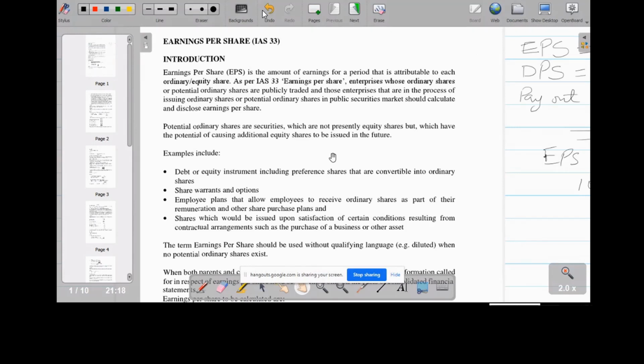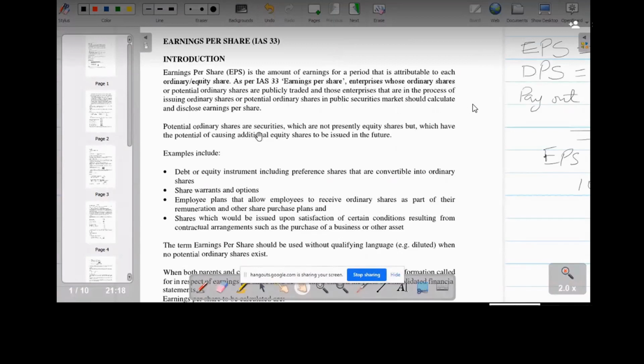We have given examples of potential ordinary shares, where we have a debt or equity instrument, for example a convertible debenture. If that debenture has the potential of being converted into ordinary shares in future, then it is considered to be a potential ordinary share. It will make the outstanding number of ordinary shares increase.